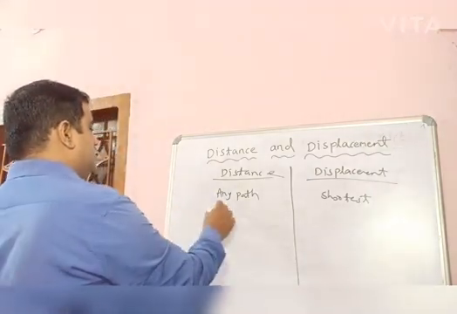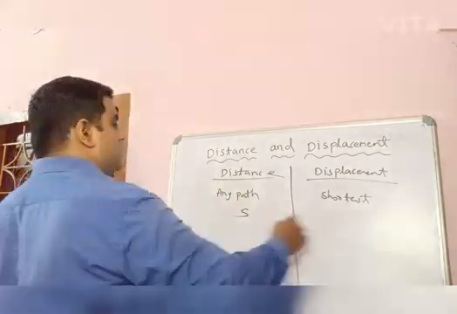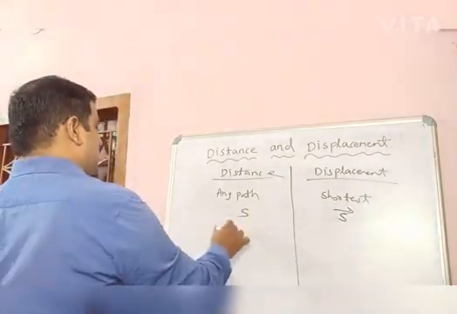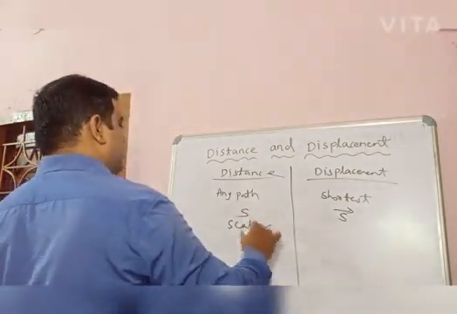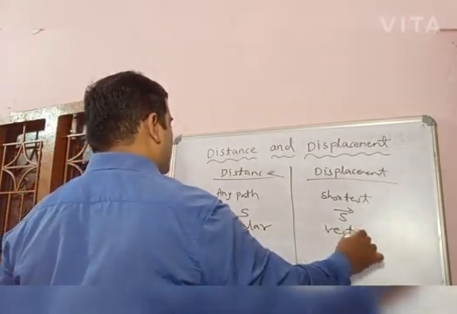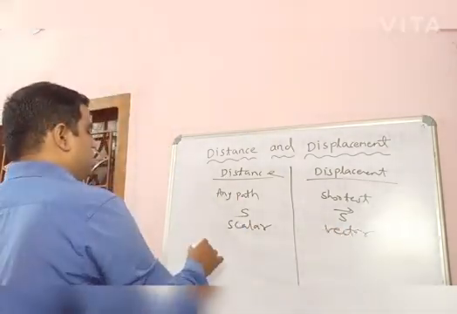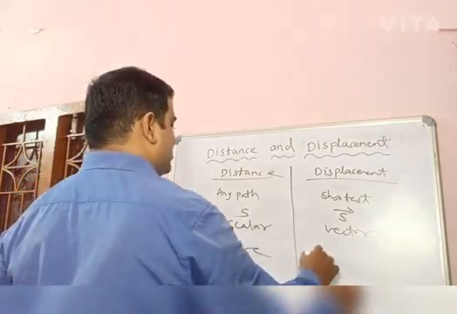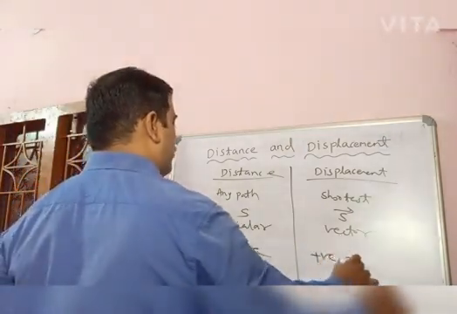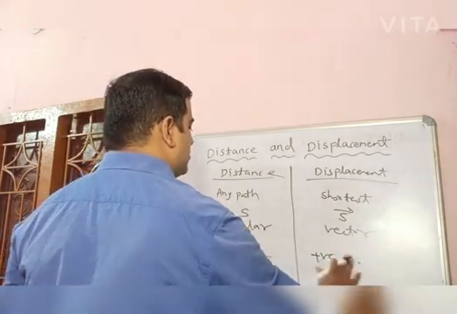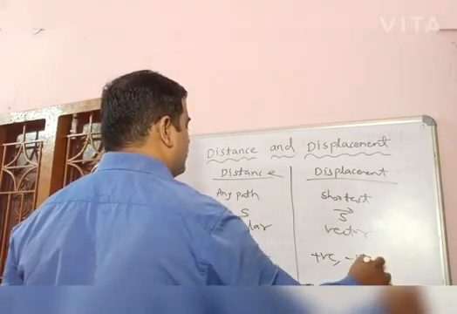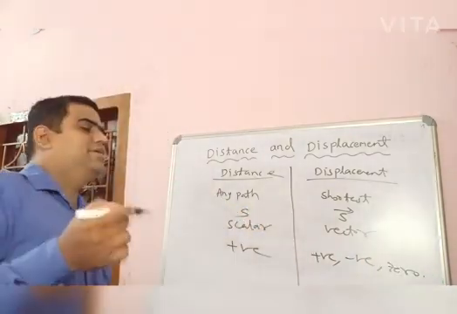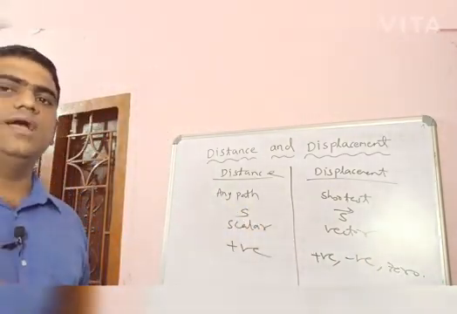Then distance is denoted by s, displacement is denoted by s vector. Distance is a scalar quantity, displacement is a vector quantity. Distance is always positive, but displacement is either positive or negative or 0. Okay, so these are the differences between distance and displacement.